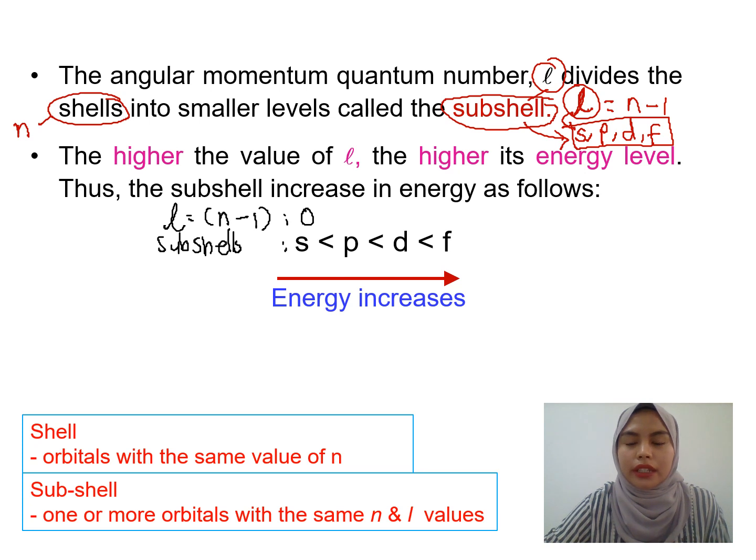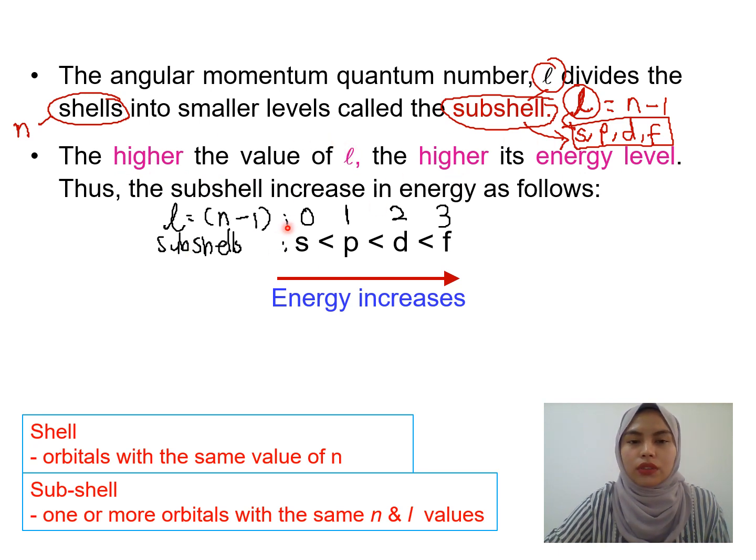If let's say you dapat L value 1, makanya the subshell adalah P. If you dapat L value 2, makanya the subshell adalah D. If you dapat L value, nilai L kamu 3, makanya subshell kamu adalah F. Okay, so kat sini dia cakap the higher the value of L, the higher its energy level.